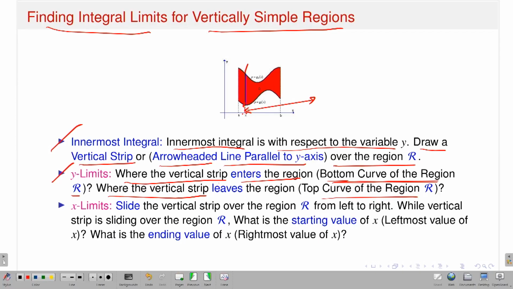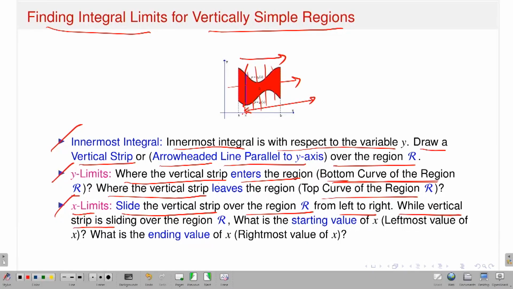So, these are the y limits, and what will be the x limits? You just vary your vertical line from this direction to this direction. Now, this is again one vertical line, and it will cover the full region, your vertically simple region. So, that is the x limits. Slide the vertical strip over the region R from left to right.